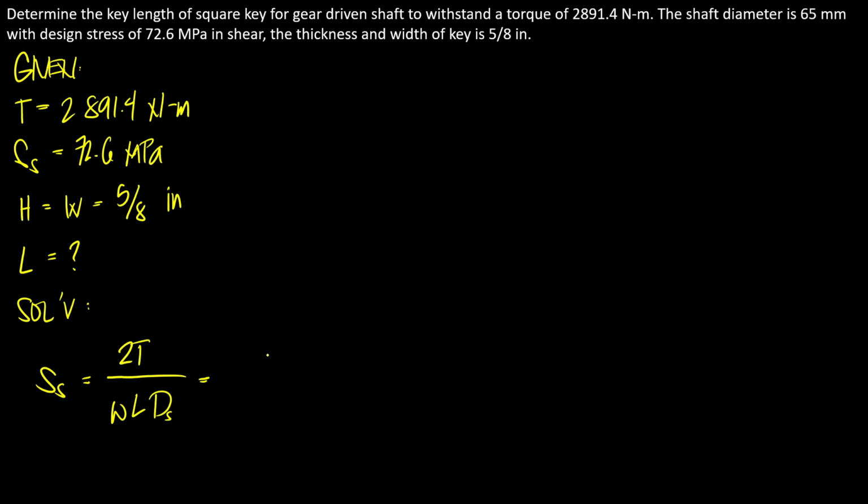So we have 2 times 2,891.4 Newton meter all over width. So what is the width? Width is 5/8 inches.